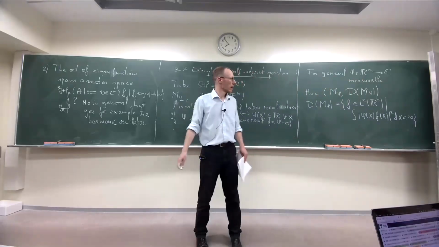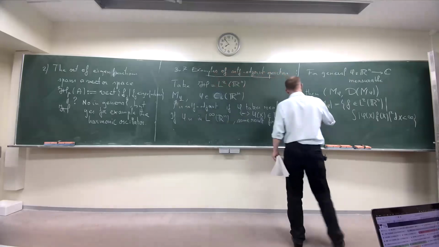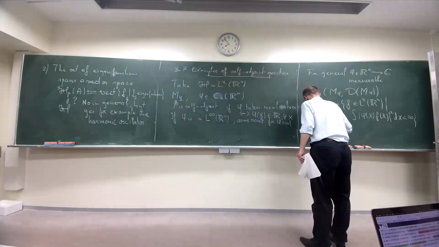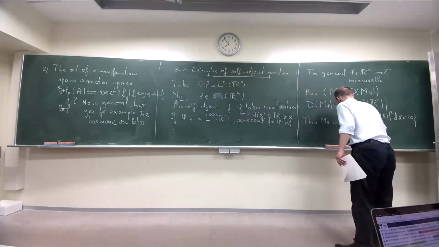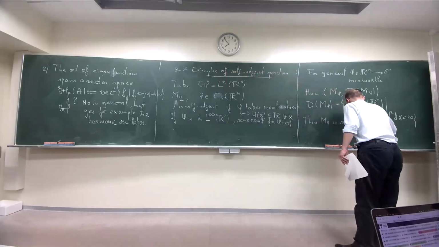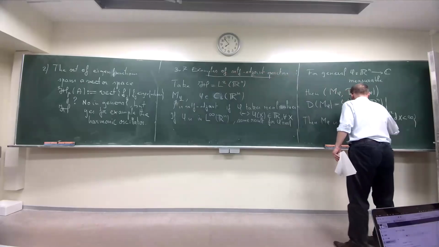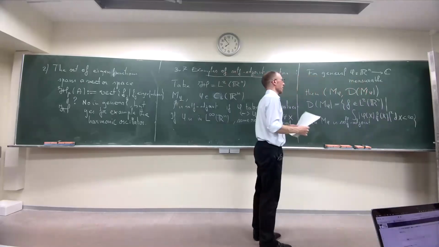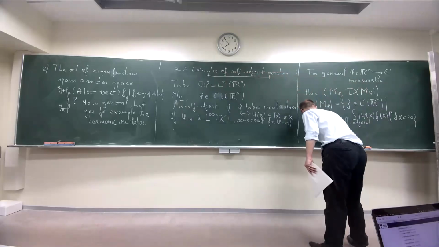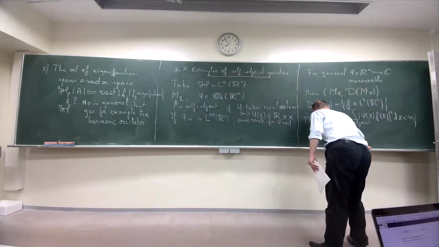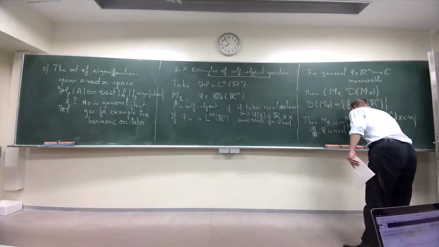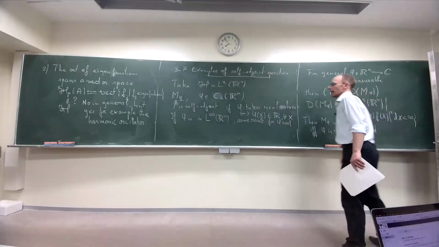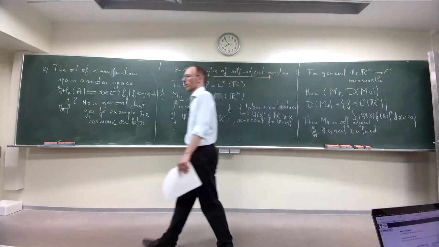And it turns out that M phi is self-adjoint with this domain if and only if phi is real valued. So the same statement, except that we have to be careful about the domain.